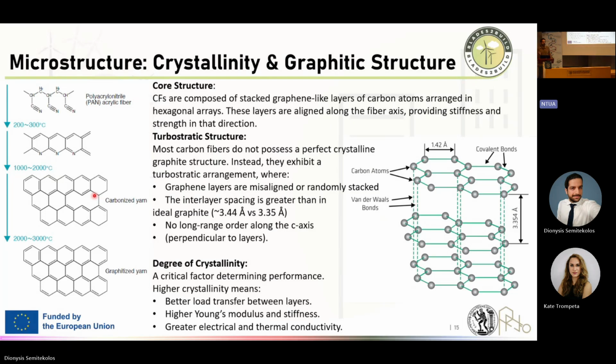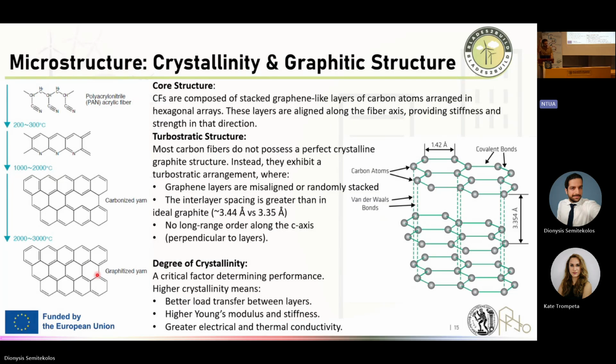We will not facilitate the movement, the transfer of this load. This acts as a barrier during load transfer, and the cracks do not propagate as fast and as easily as in the perfect crystal. And this is why we have lower strength at the higher crystallinity level we achieve.